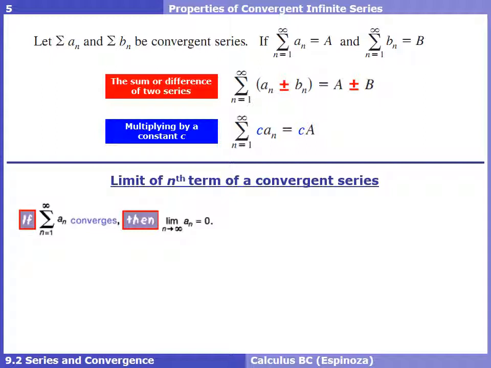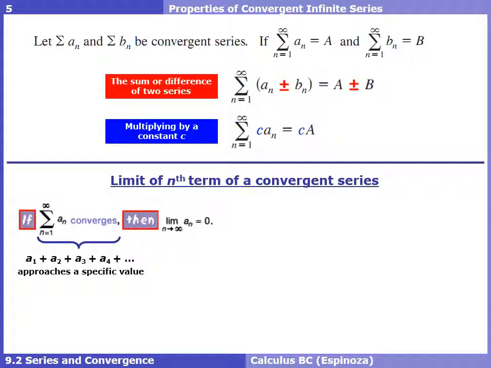If you're told that an infinite series converges, then we know the limit of that infinite series must be equal to 0. That is to say, if we take this infinite series and expand it out, a1 plus a2 plus a3 plus a4 and on and on and on, we know that's going to approach a specific value because it's converging.